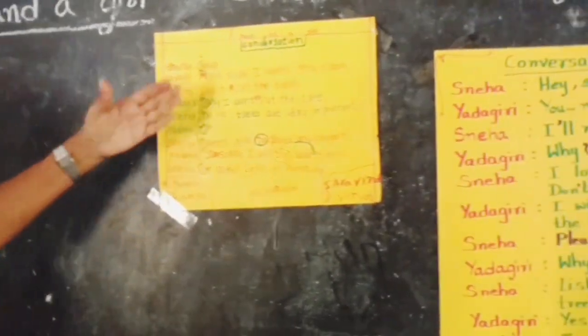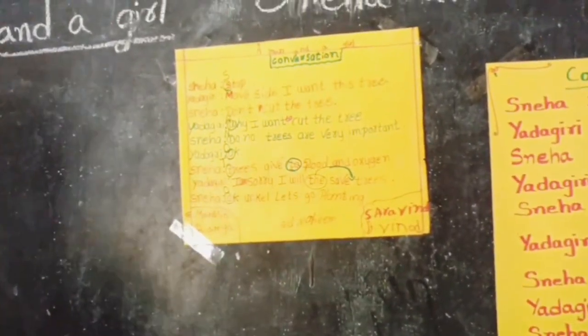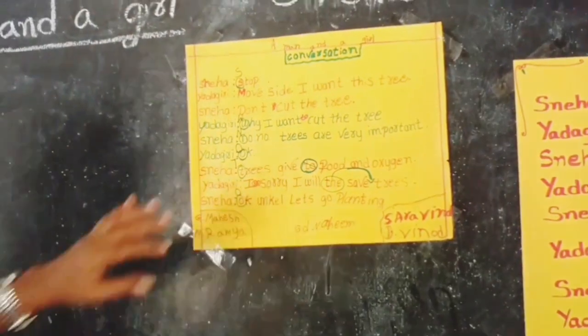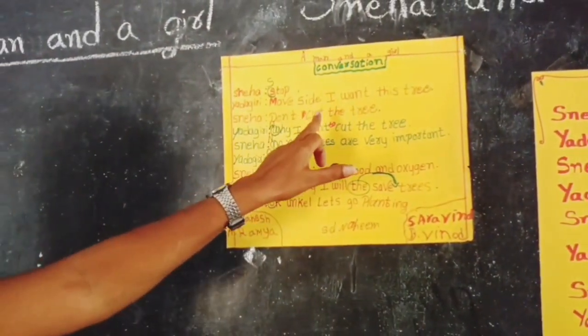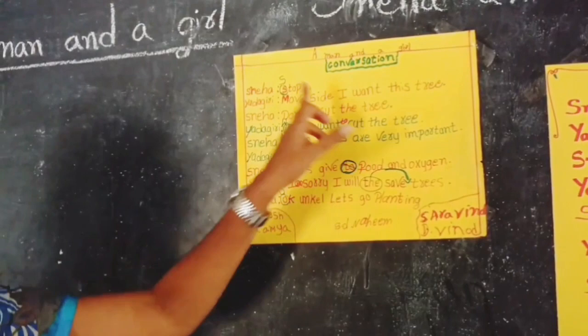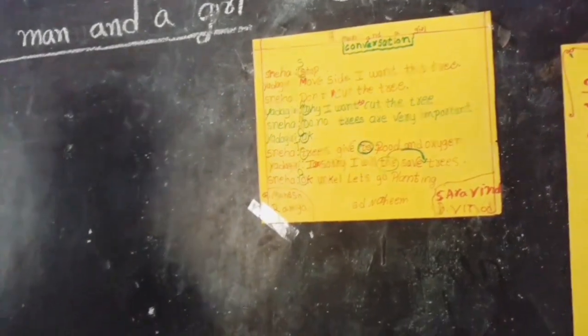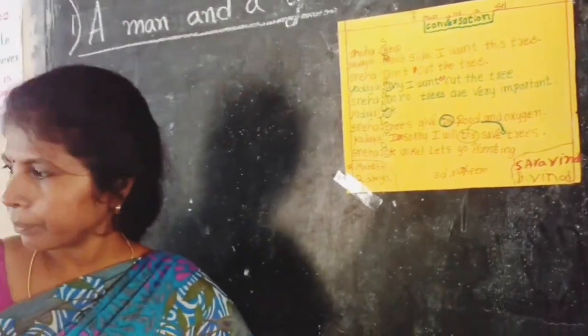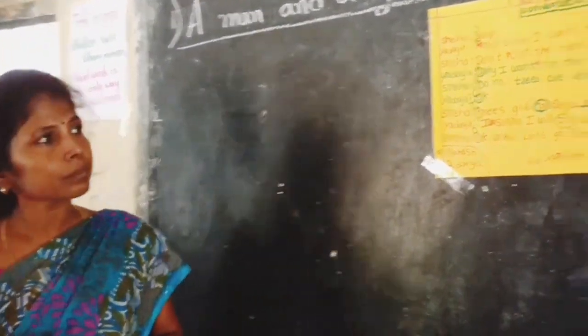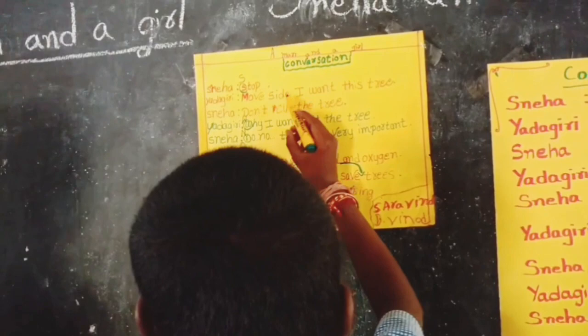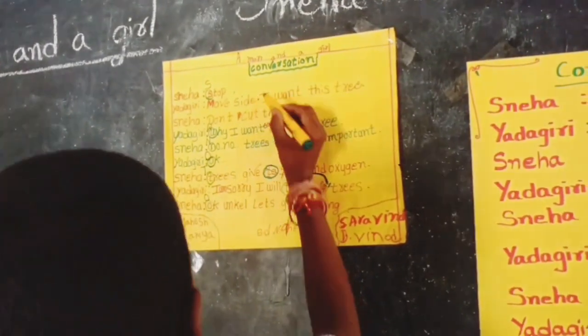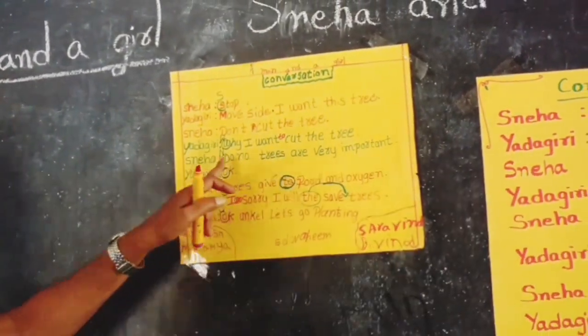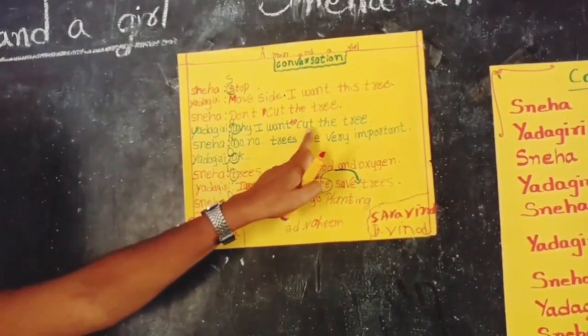Okay. Now, let's see. Do we need to add any other things like move aside? Do you want to add anything after this move aside? Yes. What do you want to add? Come here. Come. Full stop. Very good. Now look here. Why? I want to cut the tree.